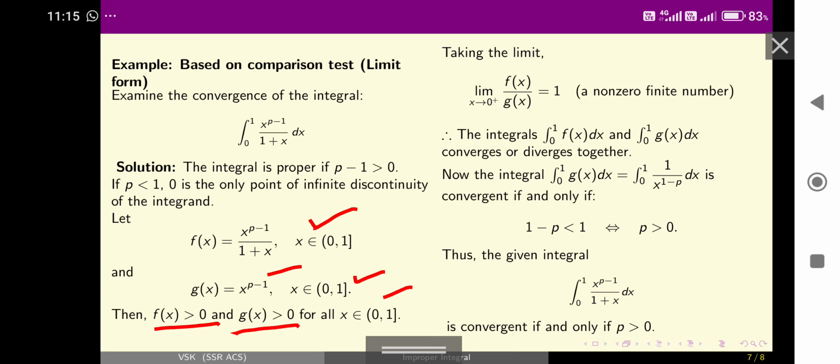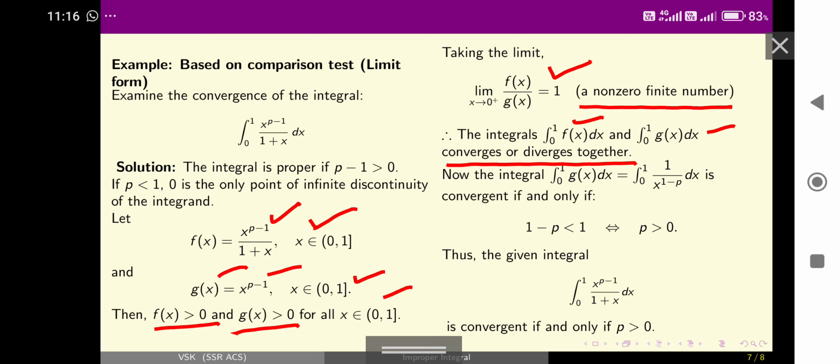And taking the limit as x tends to 0 plus of f(x)/g(x), it is equal to 1, because f(x) is this and g(x) is this. When you calculate and take the limit as x tends to 0, you get 1, which is a non-zero finite number. Therefore, the integrals from 0 to 1 of f(x) dx and g(x) dx converge or diverge together.